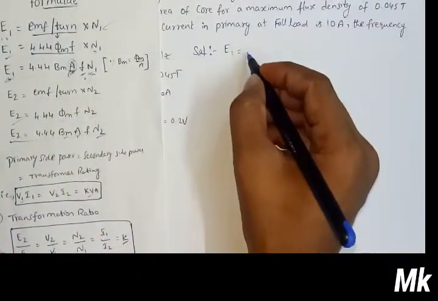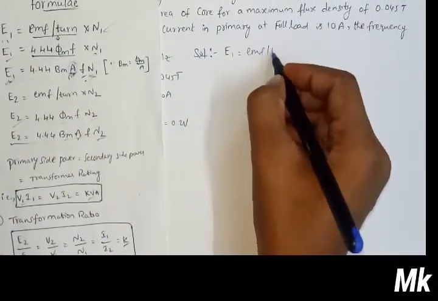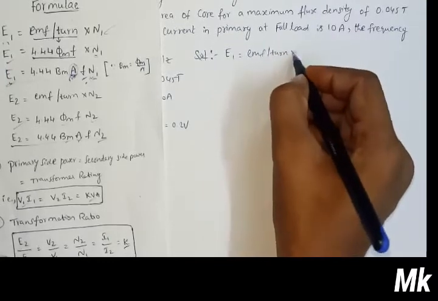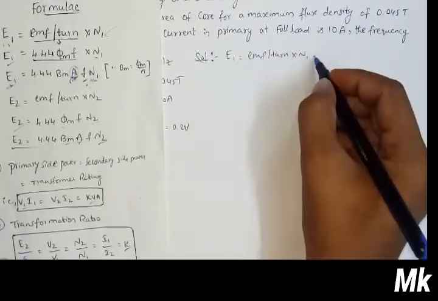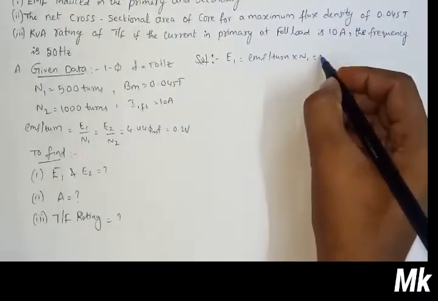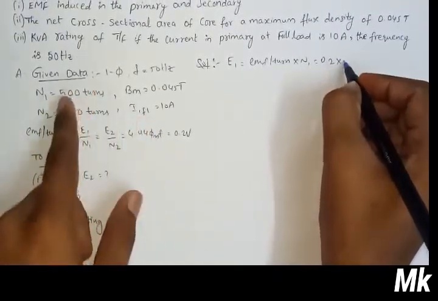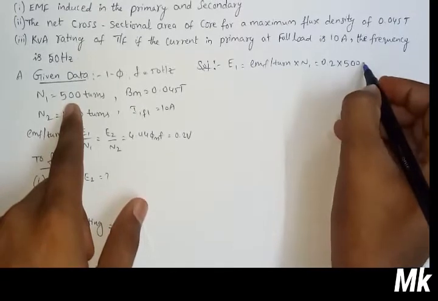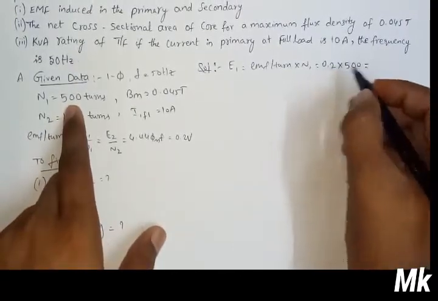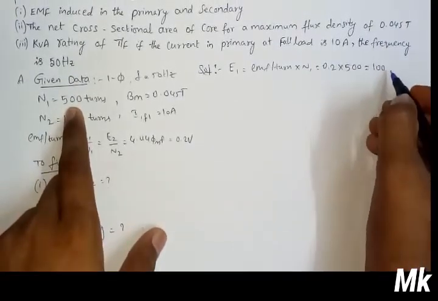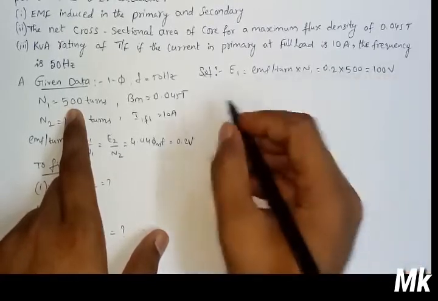So E1 is equal to EMF per turn into N1, then EMF per turn is 0.2 into N1 500 turns, that is equal to 100 volts.